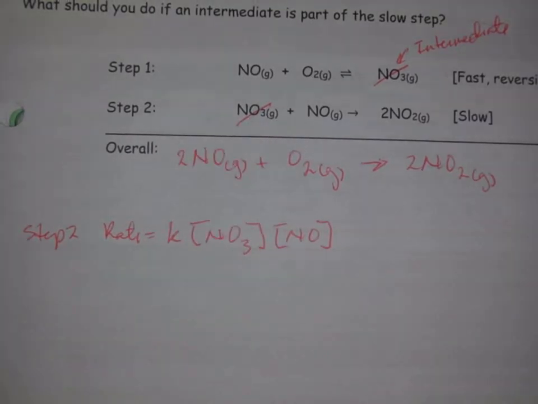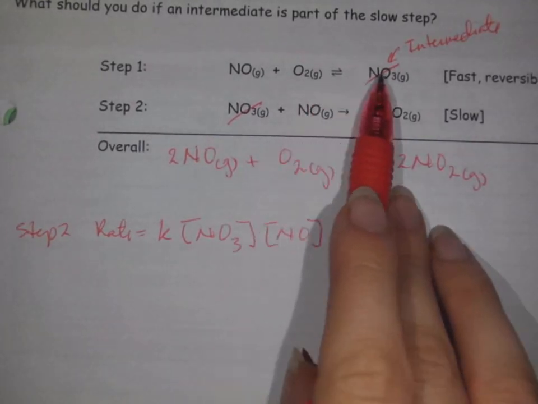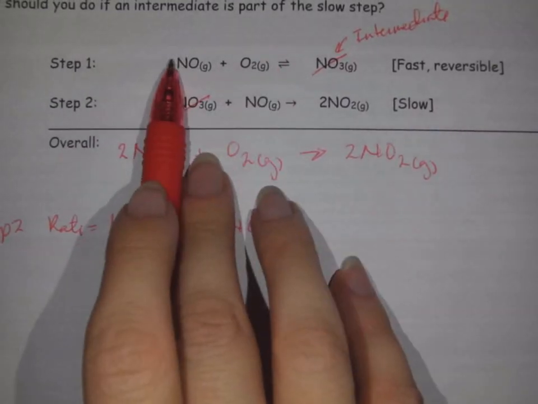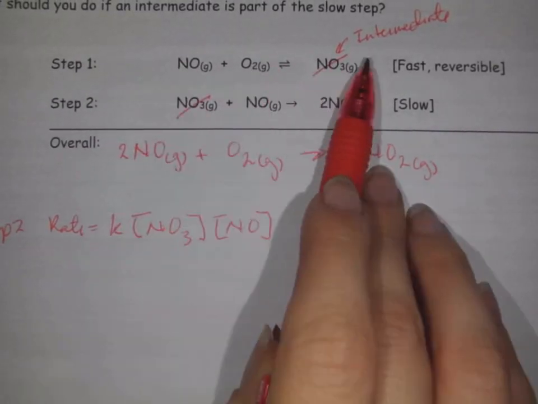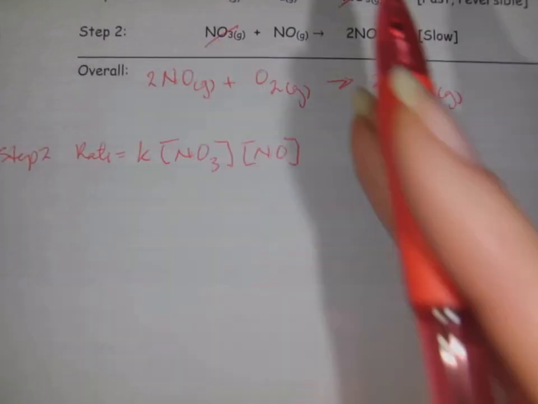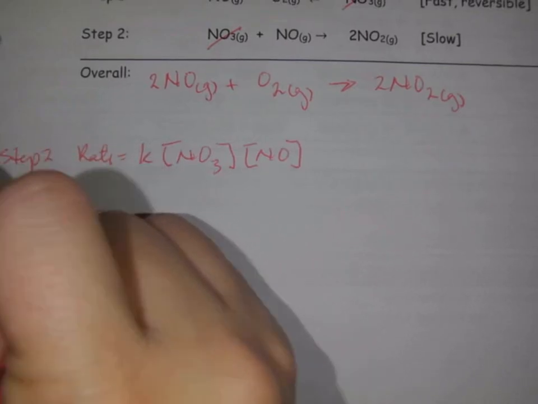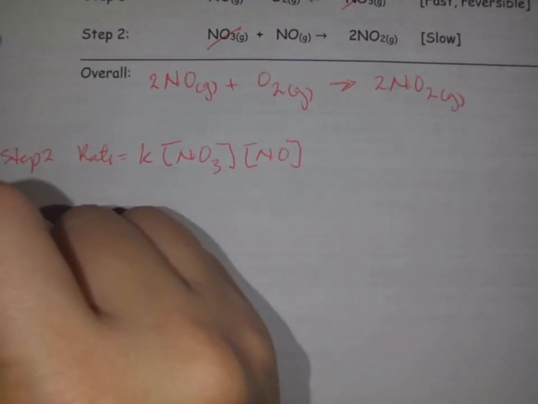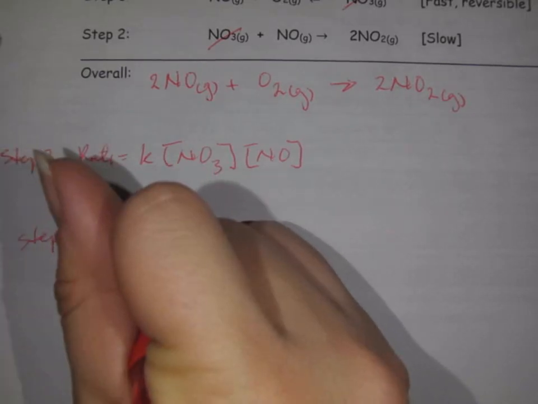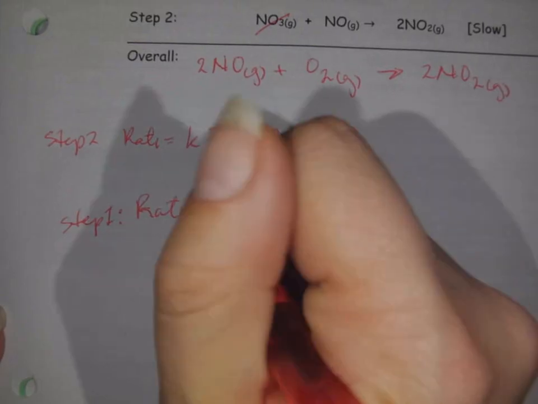And so when you run into this problem, here's what you're going to do. You're going to go up to the step that is a reversible step, that we have both forward reactions and reverse reactions. And I want to show you how the rate, I'm going to do step 1. Step 1. Let's do the rate of the forward reaction first. Rate of the forward reaction.